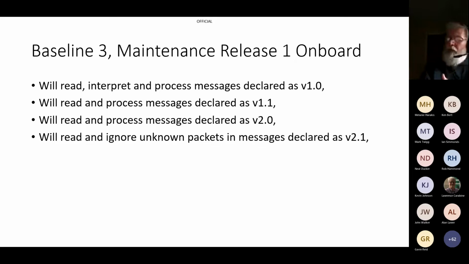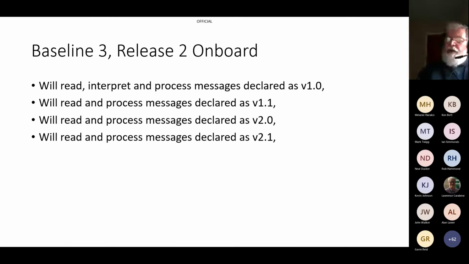But if we get to a point where the language is no longer compatible, or there is functionality which is critical, then that forces the next system version to be 3.0. And obviously, I don't really need to run through it, but a baseline 3 release 2 onboard will read, interpret, and process all of the messages, whether they be version 1.0 or 2.1.